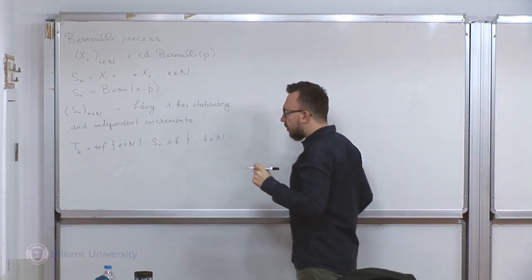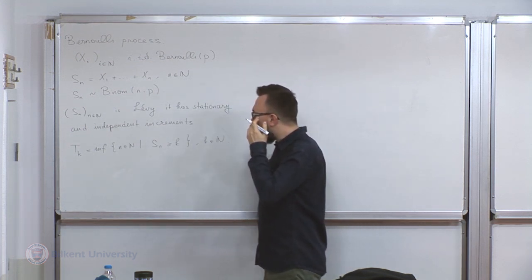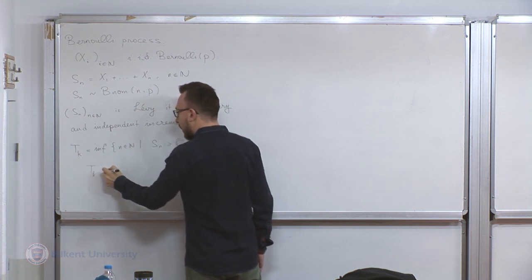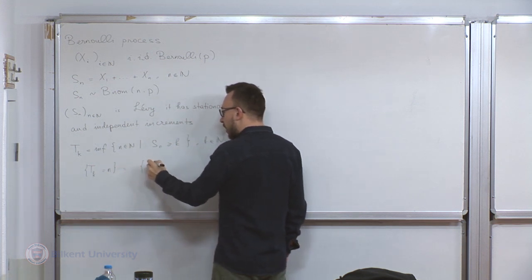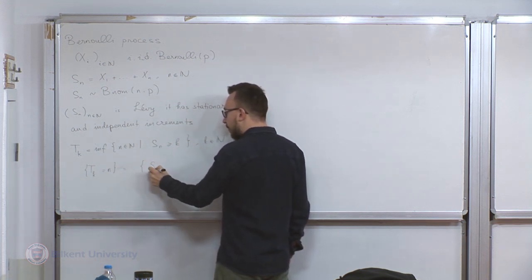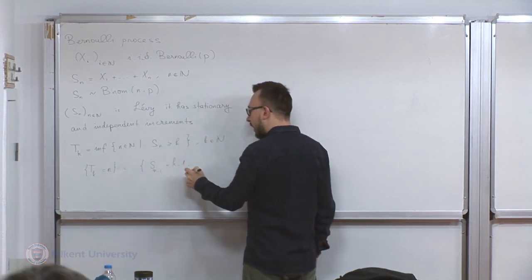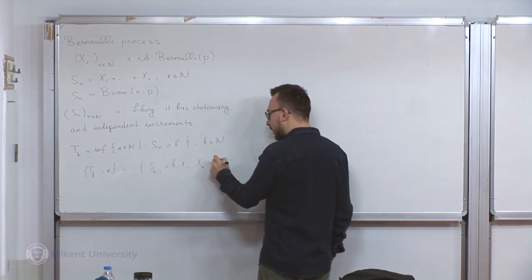We also looked at the distribution of Tk. We looked at the event that Tk equals n, and this simply means that we have, up to time n minus 1, k minus 1 successes, and the last one, Xn, is also a success.